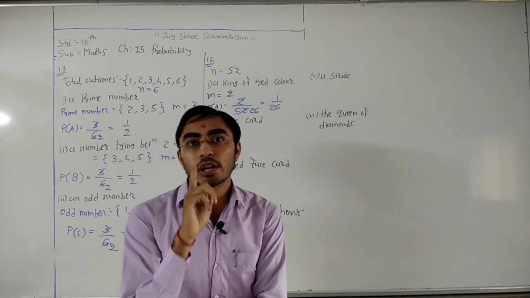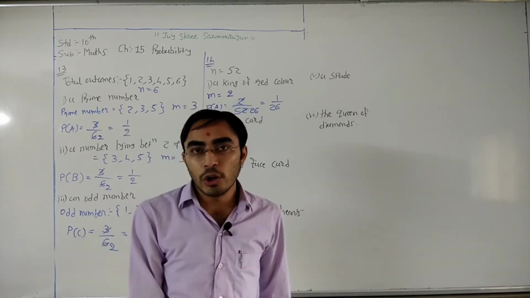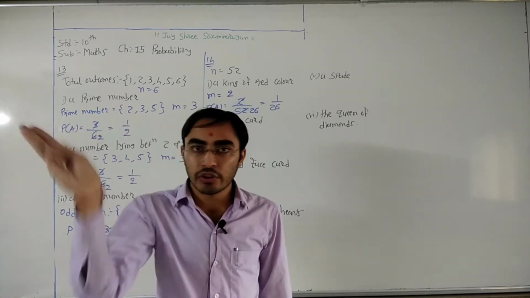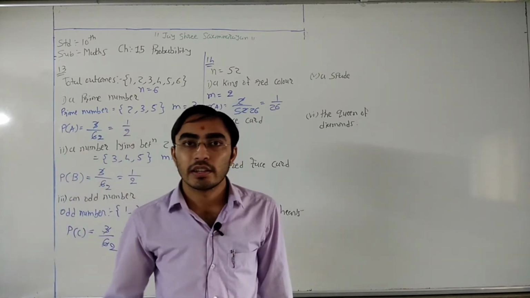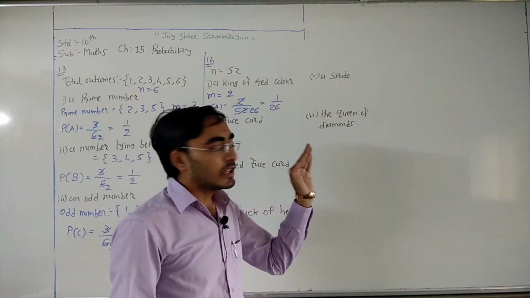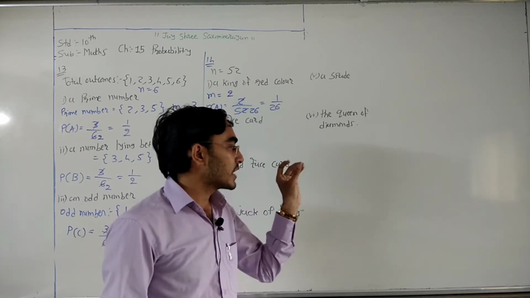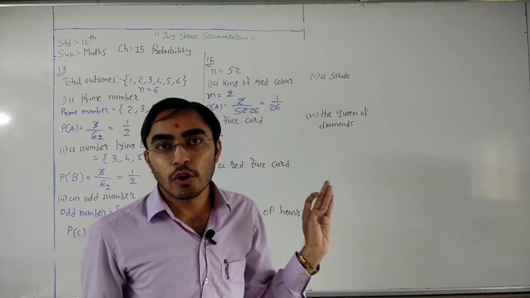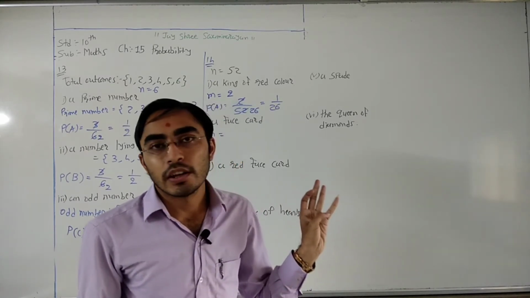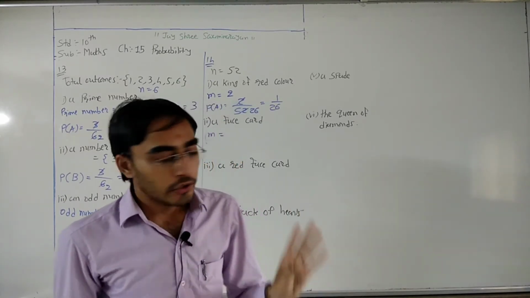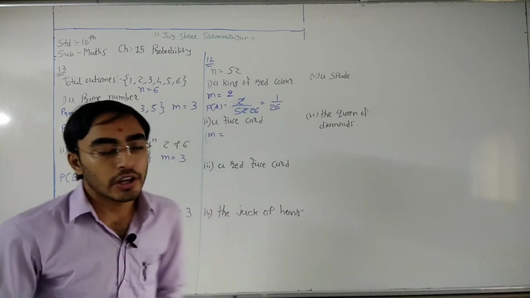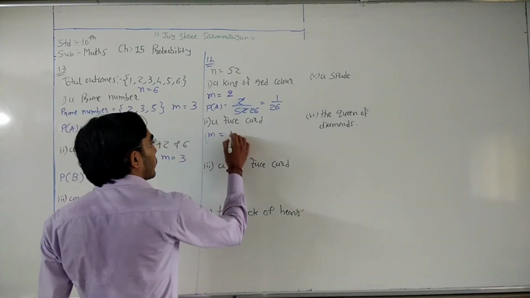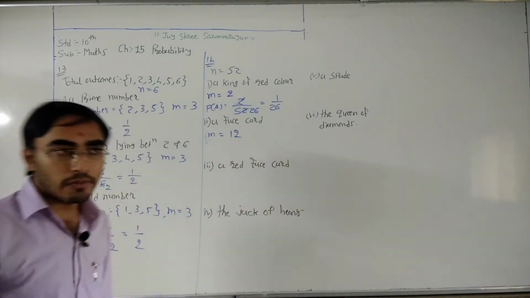So total we have 12 face cards, because in all the 4 patterns we have 3 face cards: jack, queen and king, right? So jack, queen, king of heart, of diamond, of spade, and of club. So favorable outcomes is 12 for this question.